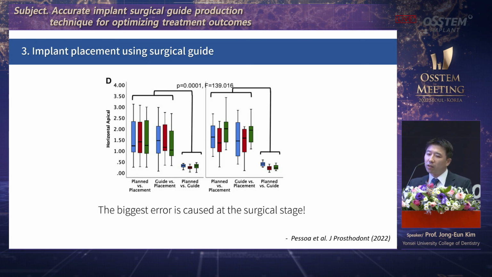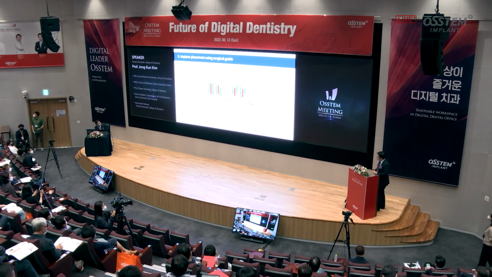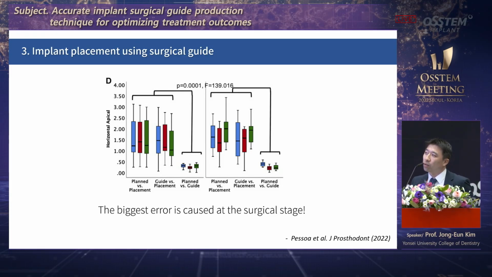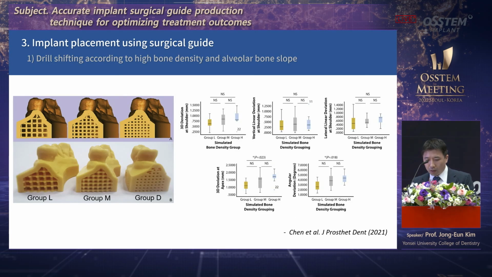However, if you move on to the surgery stage, the amount of error increases drastically. As you can see in the graph, planned versus guide, there's very little error. But when placement is involved, the error increases dramatically. During surgery, you can see that there's a lot of deviation.